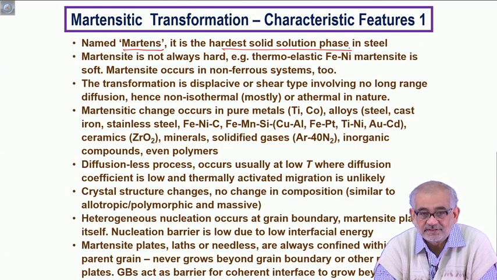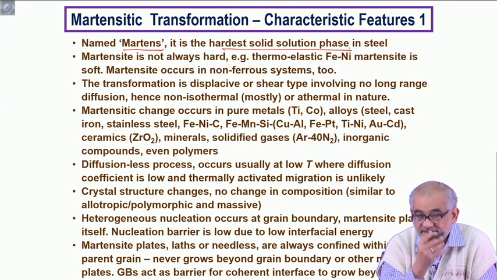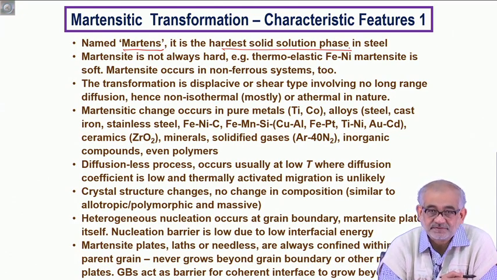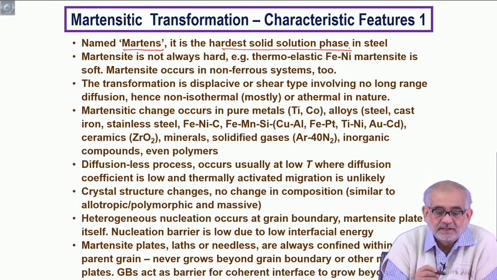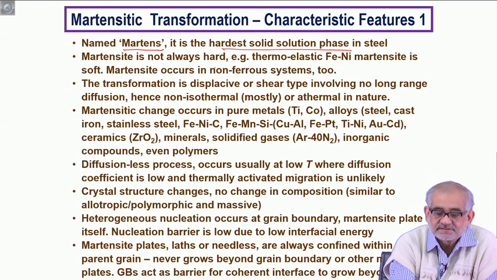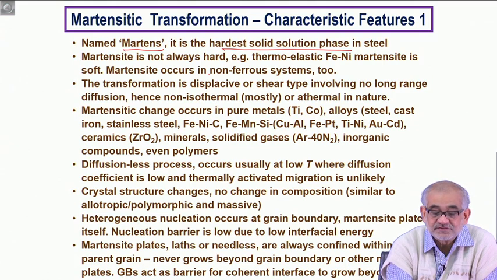We are talking not about the hardest phase, but the hardest solid solution phase, because the hardest phase in the iron carbon system is the interstitial compound called cementite. Martensite is usually hard, and it is because of this strength that we are so interested in martensite, but there is no necessity that martensite always has to be hard.